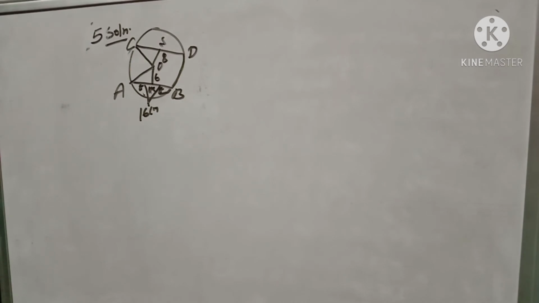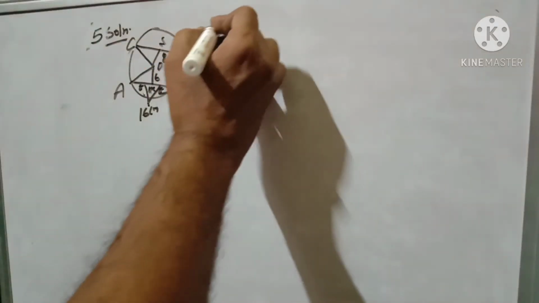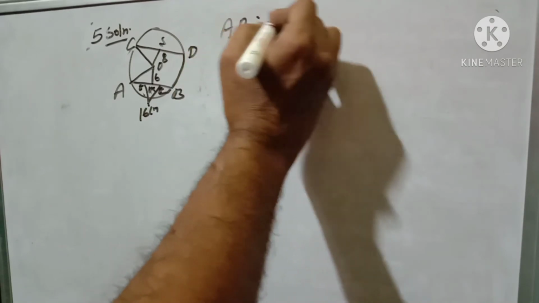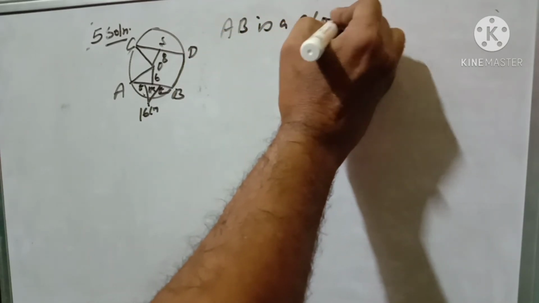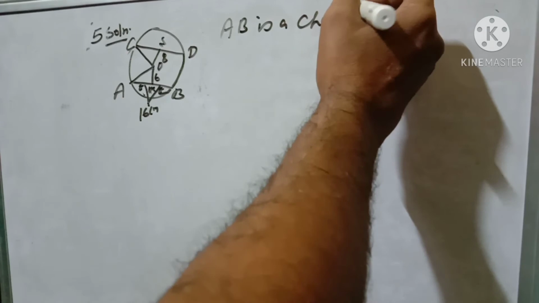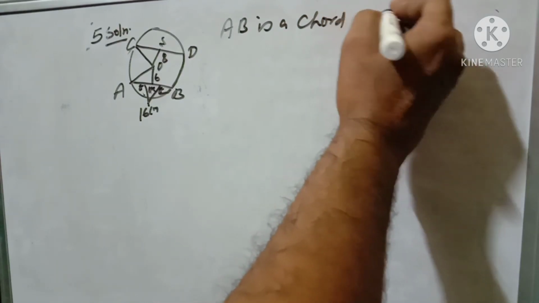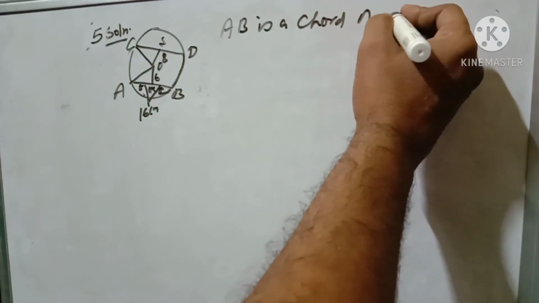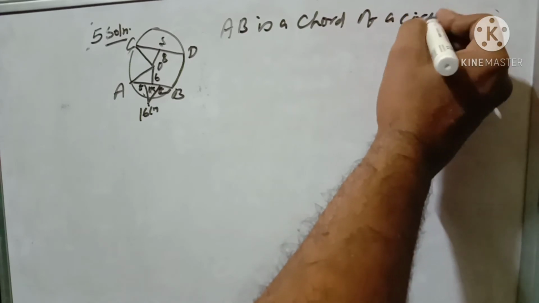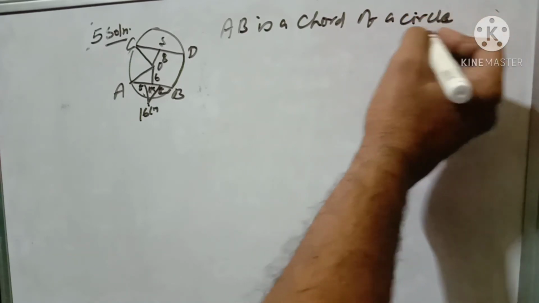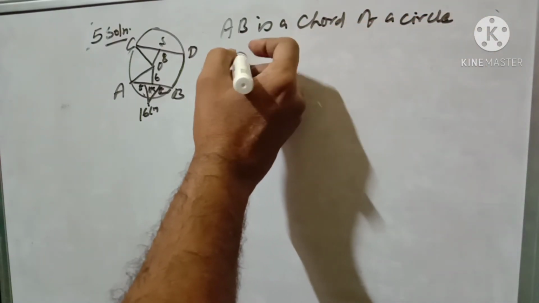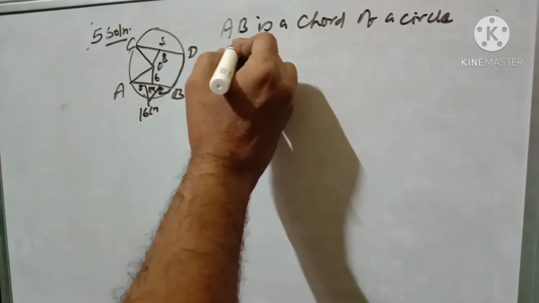First of all we have to find out the radius. It is given AB is a chord of a circle.